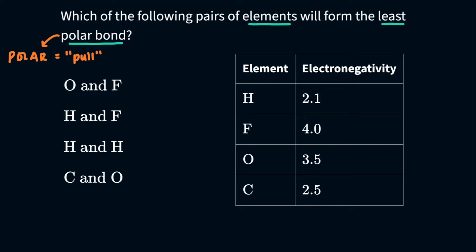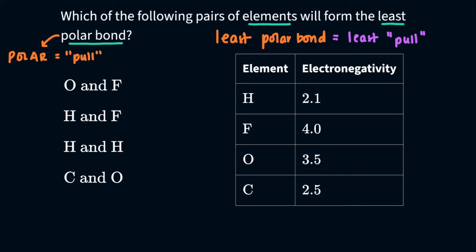Now we have a multiple choice here, right? Which one is going to have the least polar bond? Oxygen and fluorine, hydrogen and fluorine, hydrogen and hydrogen, and carbon and oxygen. If we have the least polar bond, that means we would have the least pull.